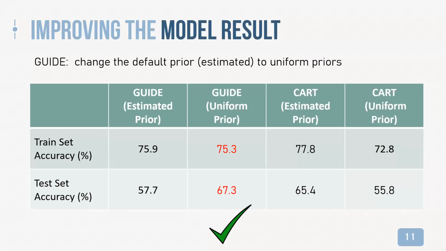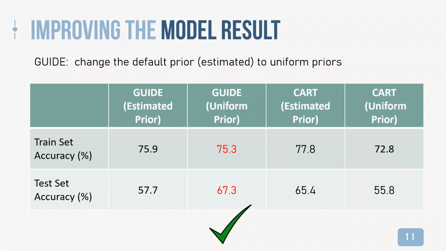If you go by the estimated prior, it may wrongly penalize the minority class, because some classes might be minority in reality, but in your training set it may not be the minority. The majority becomes the minority simply because of sampling issues.